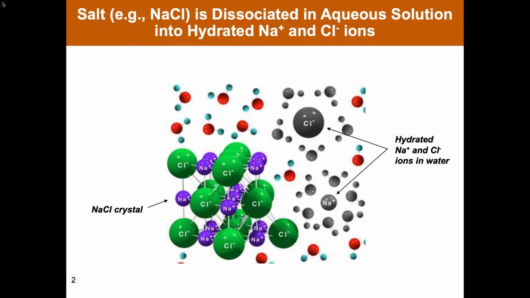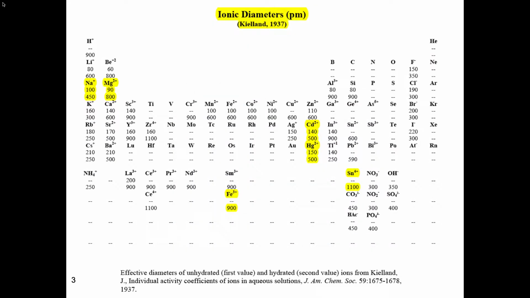And to give you an idea of what that means, this is a table from the old literature of effective ionic diameters of ions in picometers, and the top number under each of these ions is the unhydrated, that is so-called crystal diameter, and the number under it would be the effective diameter in solution, hydrated diameter.